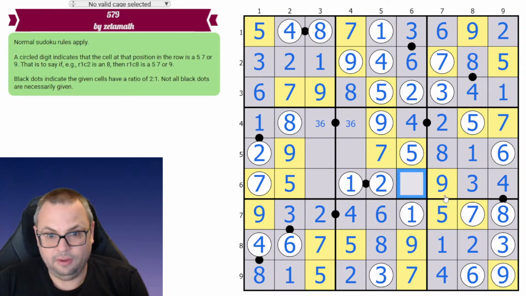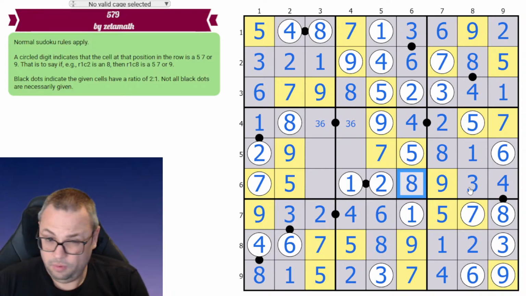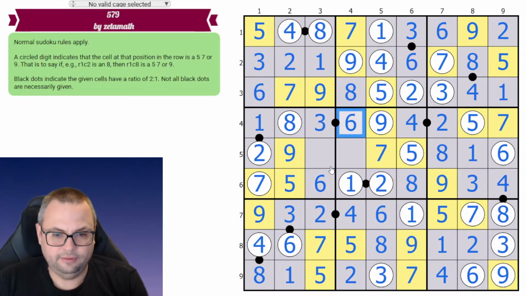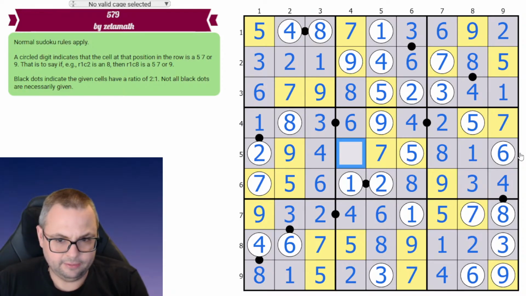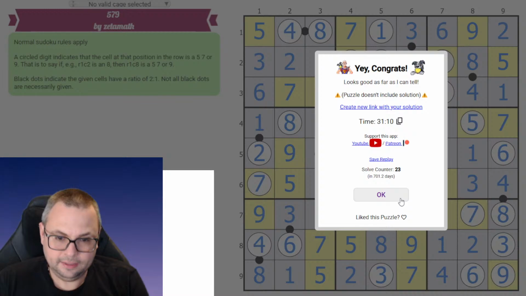This column needs an 8. This row, no, not a 5, a 6. 3 and 6. This column needs a 4, and this row needs a 9. No, not a 9. Try again, Zeta. A 3.